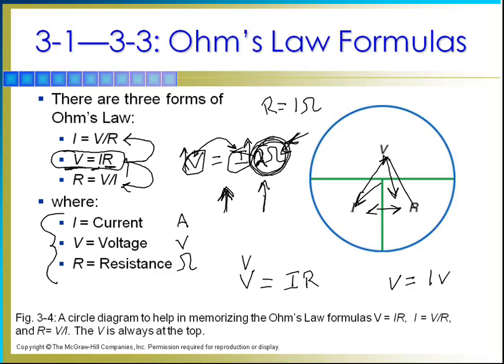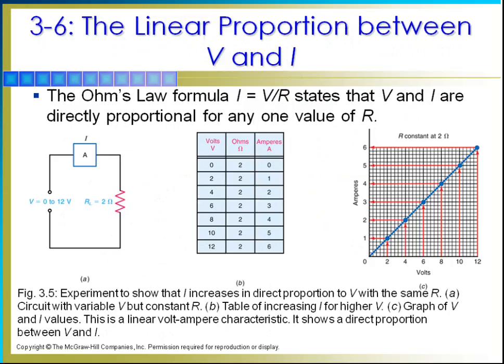It cannot change. So if current goes up, in order to maintain that constant voltage, your resistance has got to be going down. If resistance goes up, current then will decrease. So current and resistance are inversely proportional. Voltage and current are directly proportional. Resistance and current are inversely proportional.